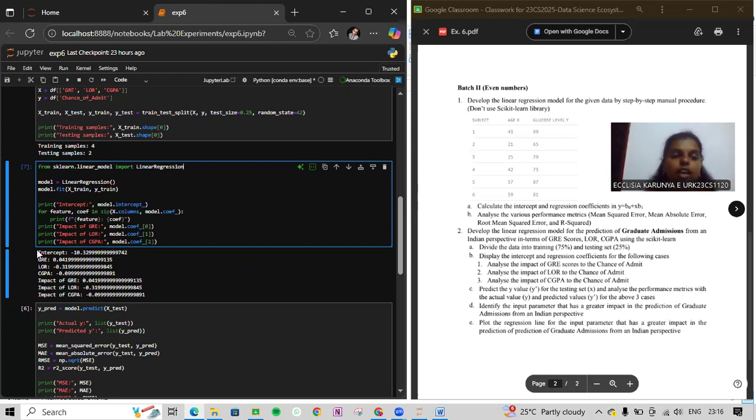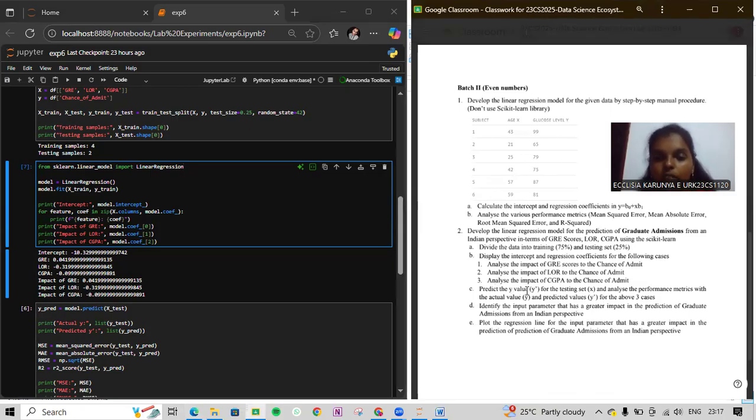Then at the last, we are going to print the values of intercept and the impact of GRE, impact of LOR, and the impact of CGPA.